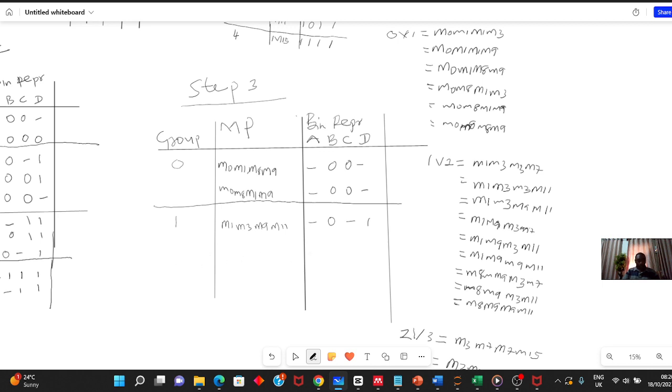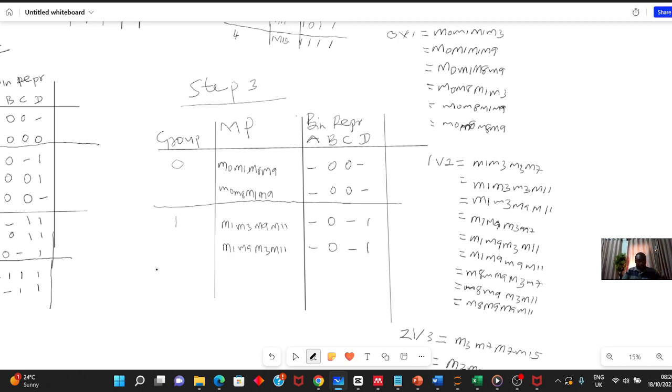Similarly, what we are keeping in that group of 1 is M1, M9, M3, M11, and the binary representation is dash 0 dash 1. That is for group 1.